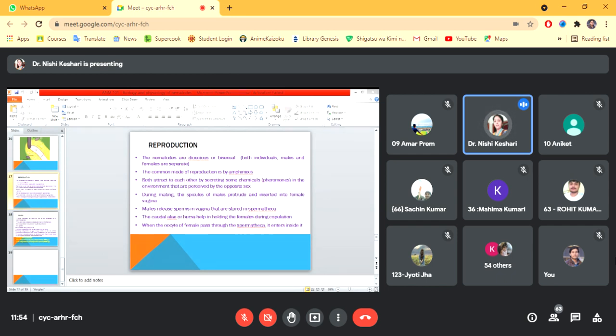So males release sperms in the vagina that are stored in the spermatheca, and the caudal alae or bursa help in holding the female during copulation. When the oocyte of the female passes through the spermatheca, the sperm enters inside it. So after entering inside the egg, both are N type of chromosomes, and then after fertilization it becomes 2N.